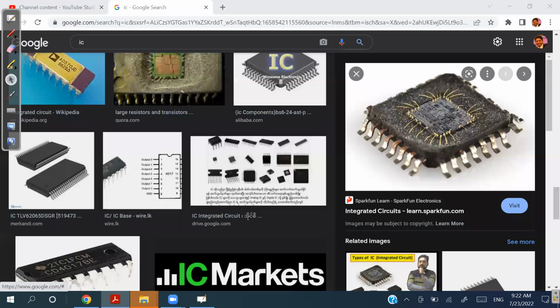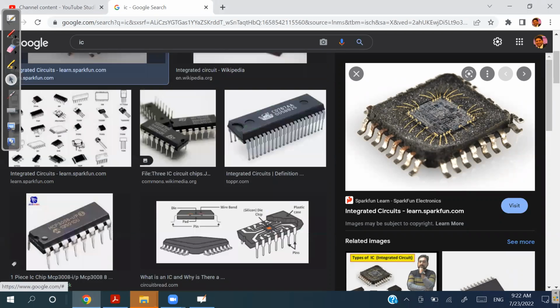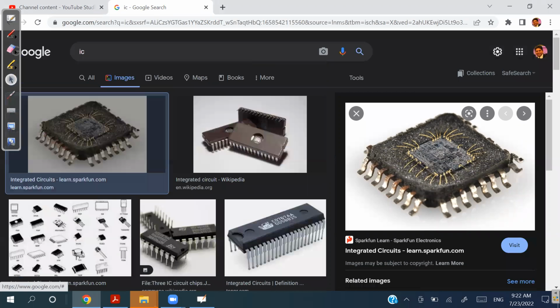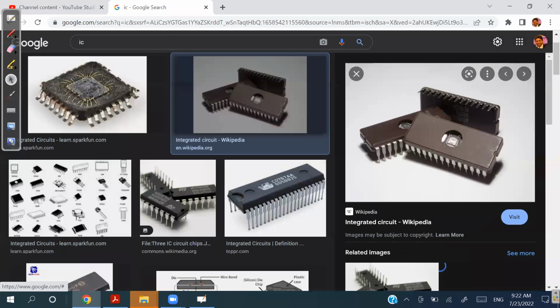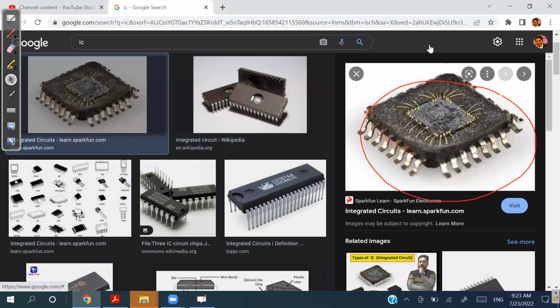Now, if you think about a CPU or a particular IC, these are some real pictures of ICs. In outer shape, it is something like this that you can see on your right hand side. And the inside of an IC is going to be like this.